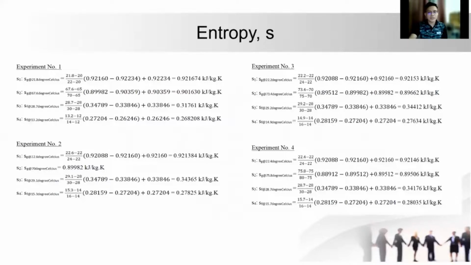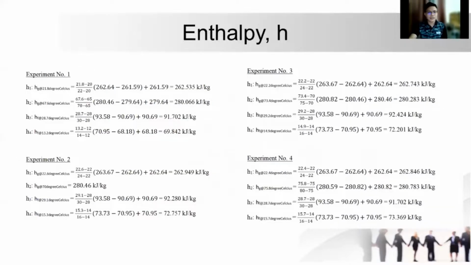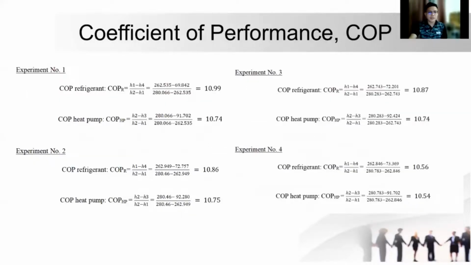Here are the overall calculations for the entropy, which is the interpolation of the entropy with the given temperature, and also the same approach for the enthalpy. Next is the coefficient of performance, and here you can see 4 experiments with different COP.